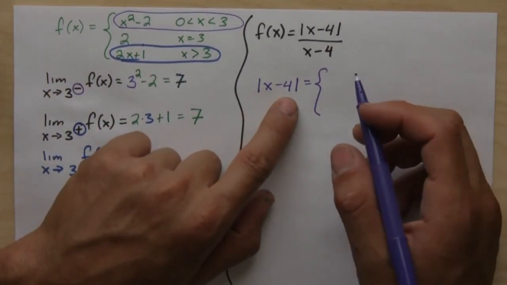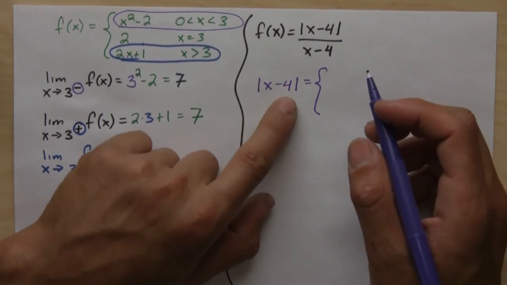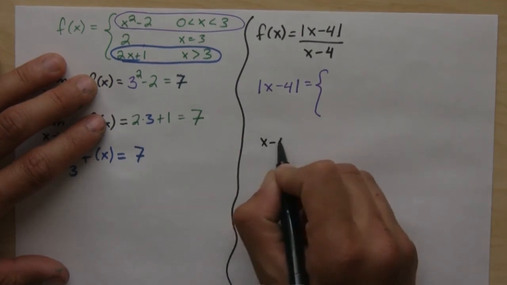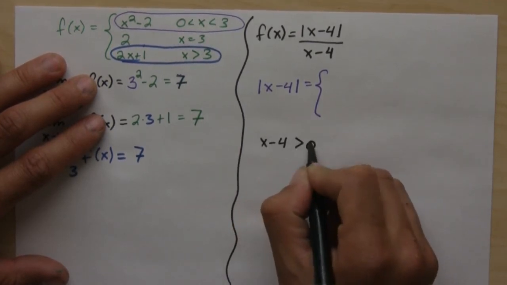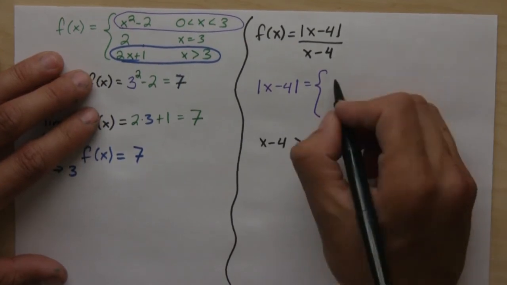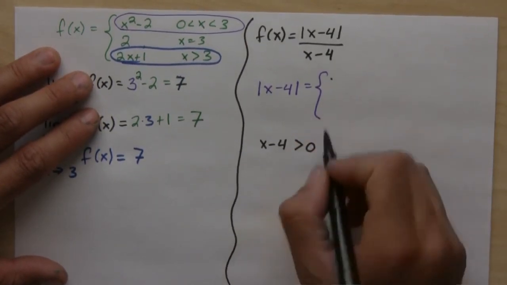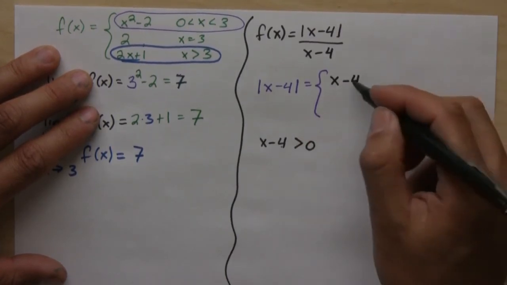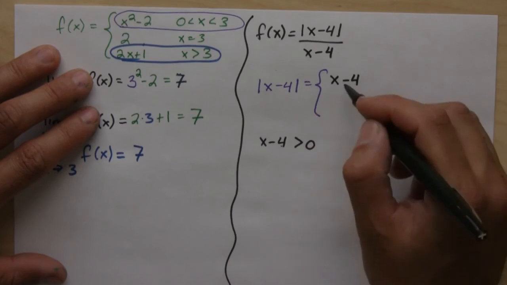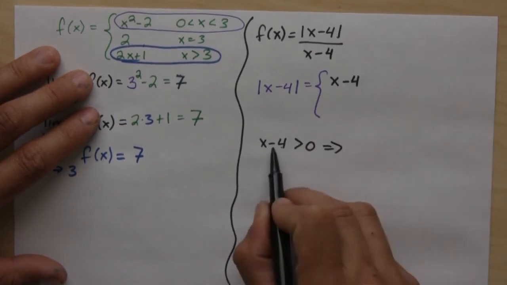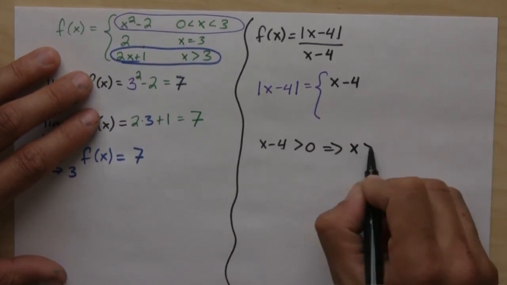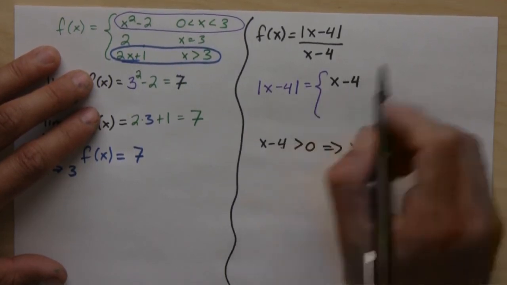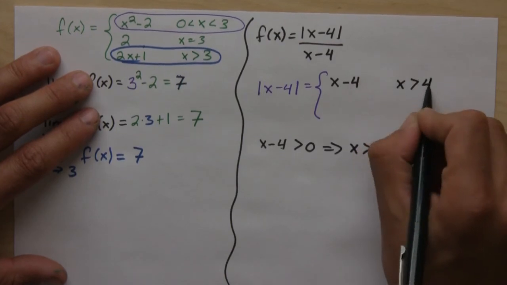The idea is that when this whole inside, when x minus 4 is greater than 0, when this guy is positive, this guy is going to equal x minus 4. So what this tells you, if you bring the 4 over to the other side, is that if x is greater than 4, that means this guy is going to be positive, which means these two are equal. So that one's pretty easy.